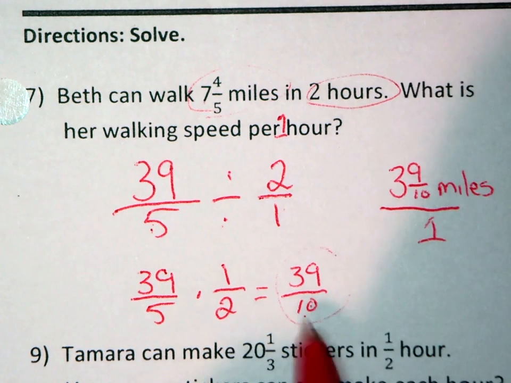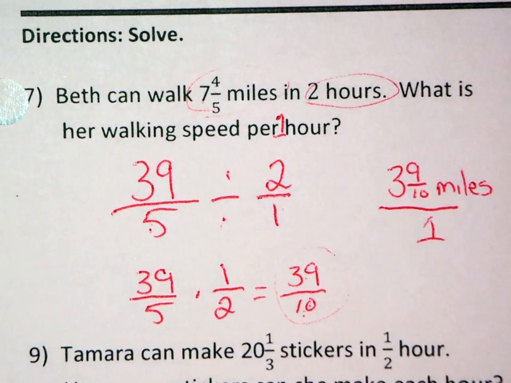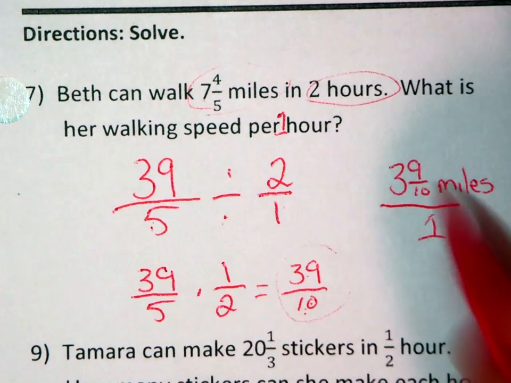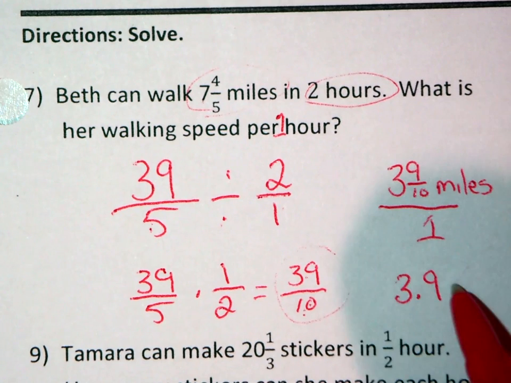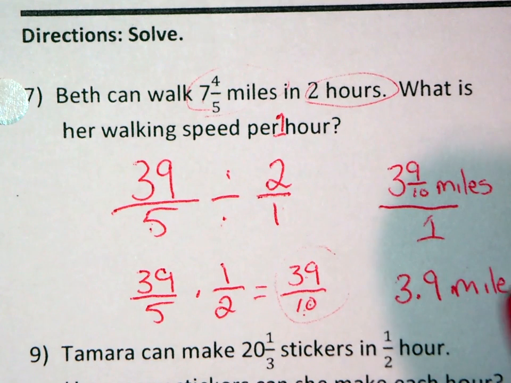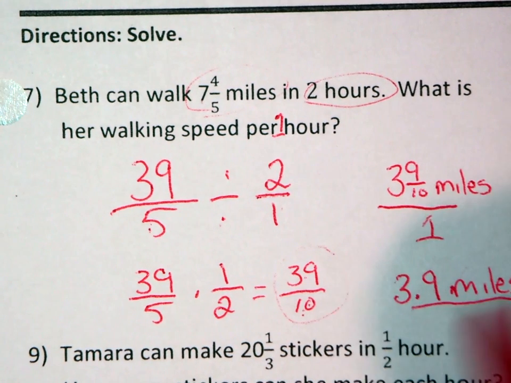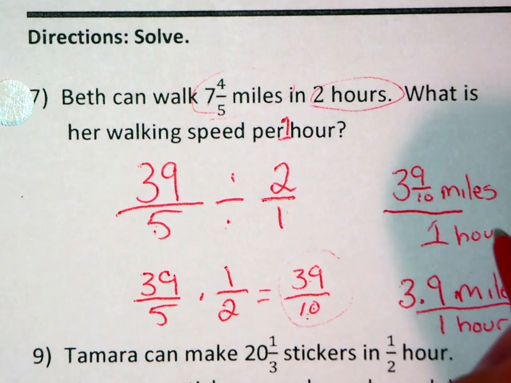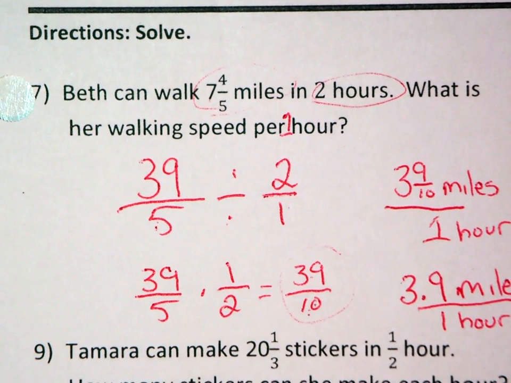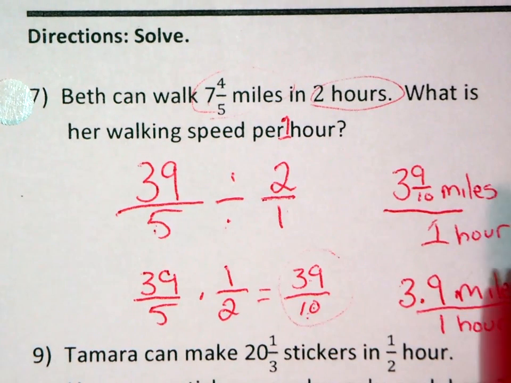We could also go ahead and divide 39 by 10 and end up with 3.9 miles per 1 hour. And both of these are the same answer. It's just a slightly different way of writing it.